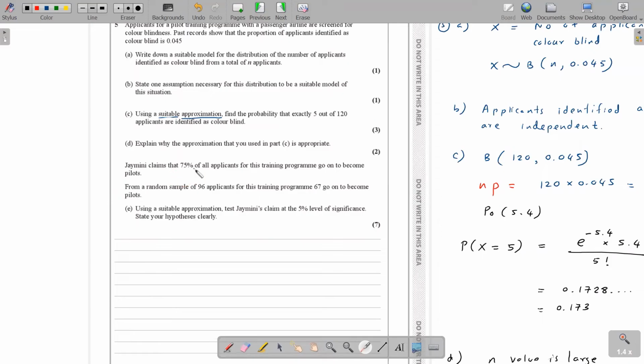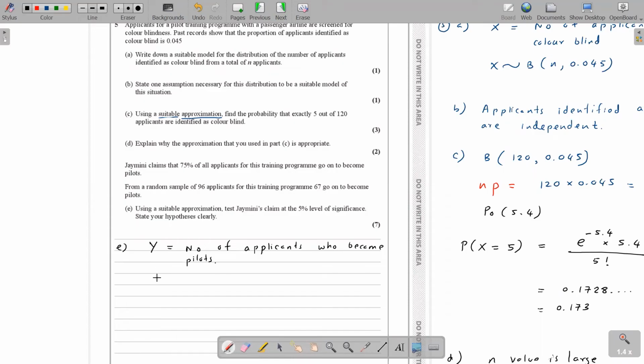So let's go to part E and write the variable Y. Y is the number of applicants who go on to become pilots.